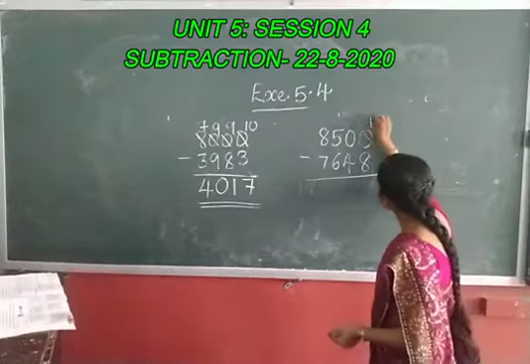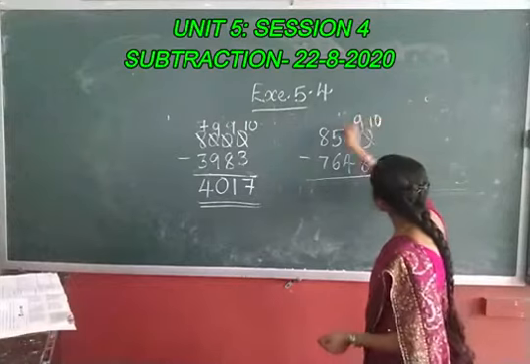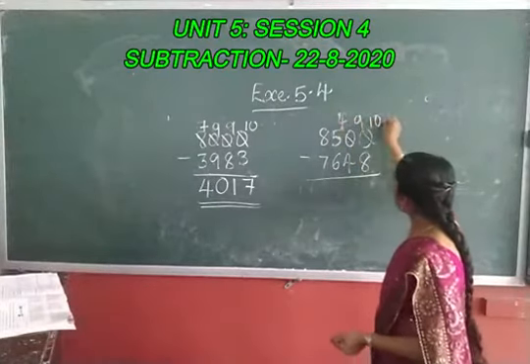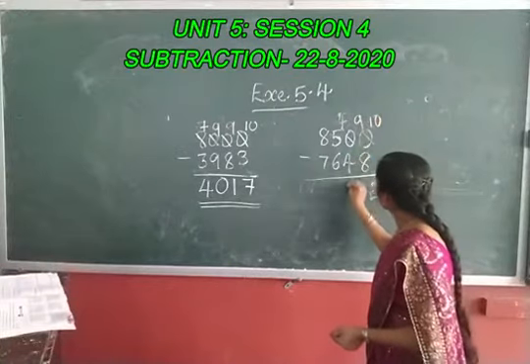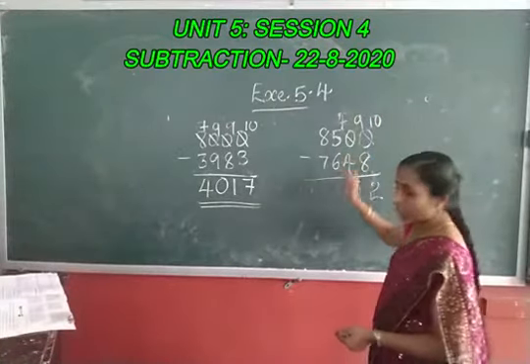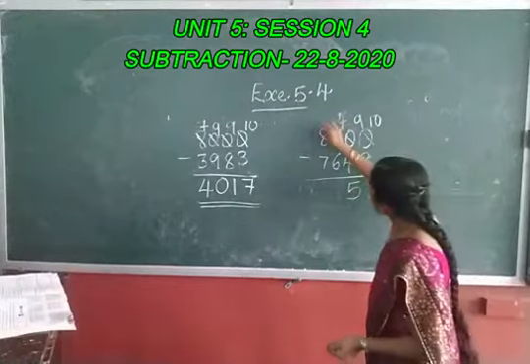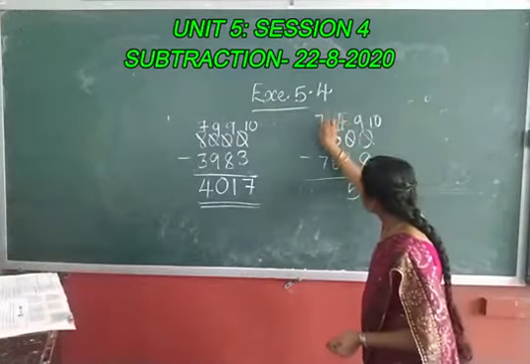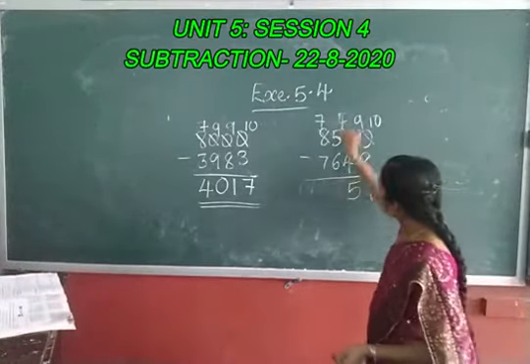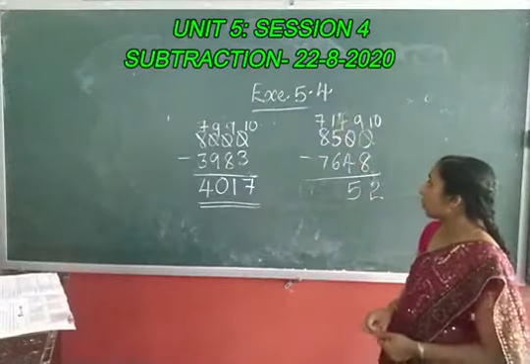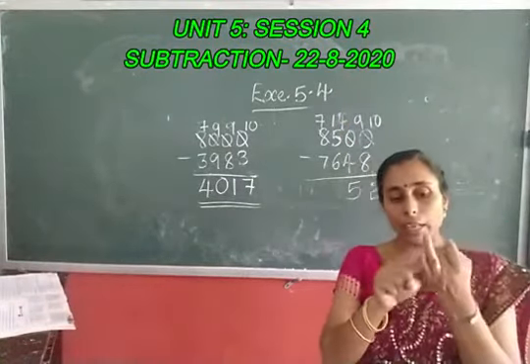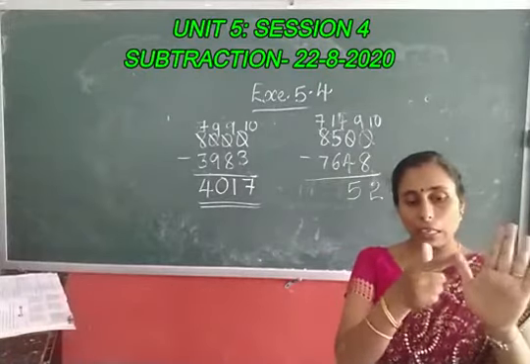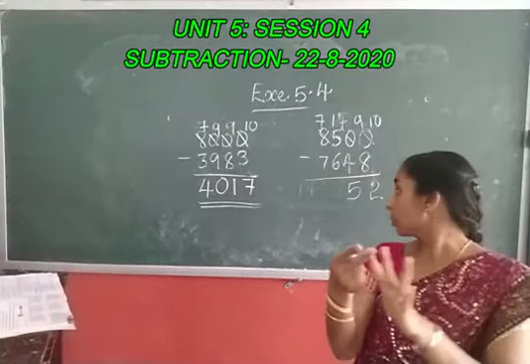Here 10, here 9, here 4. 10 minus 8, 2. 9 minus 4, 5. 4 minus 6, not possible. So from the thousands place, cut here 7, here it is 40. 40 minus 6. After 6: 7, 8, 9, 10, 11, 12, 13, 14.